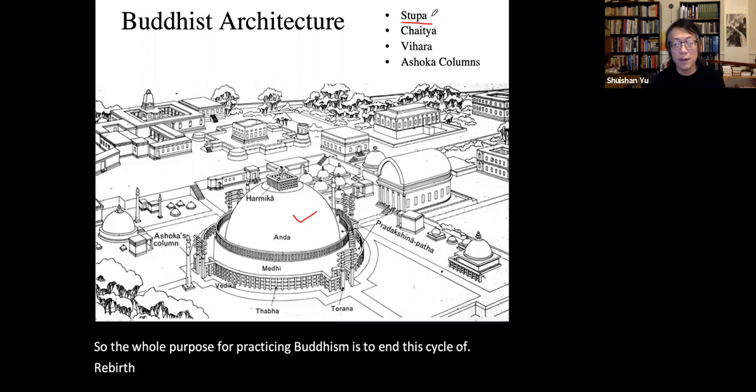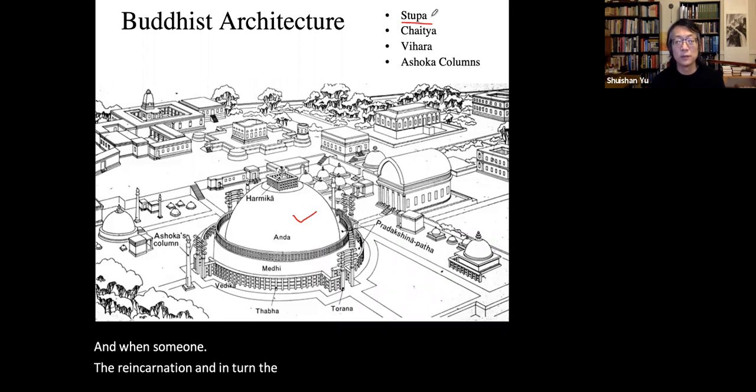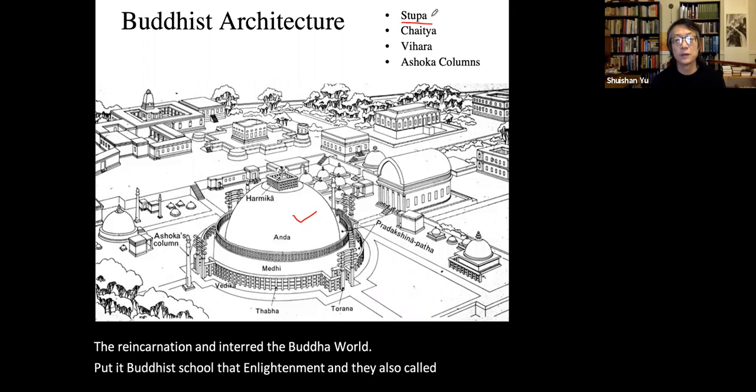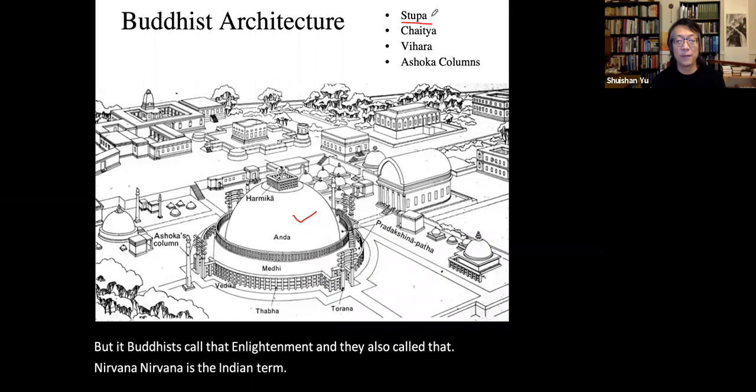And when someone ends the reincarnation and enters the Buddha world, Buddhists call that enlightenment, and they also call that Nirvana. All right, Nirvana is the Indian term for true bodily death.